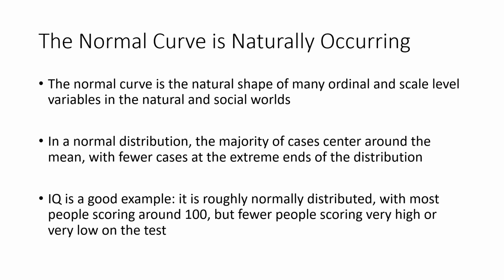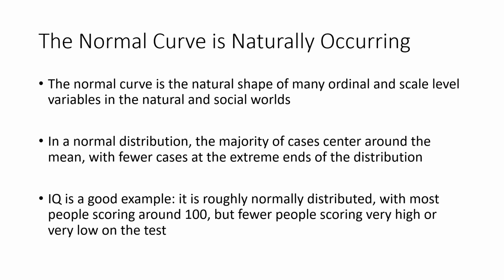Now, there is something you could call natural about the normal curve. And the reason there's something natural is that it just tends to appear in social and natural phenomena across the world. It is a natural shape specifically of many ordinal or scale level variables, right?